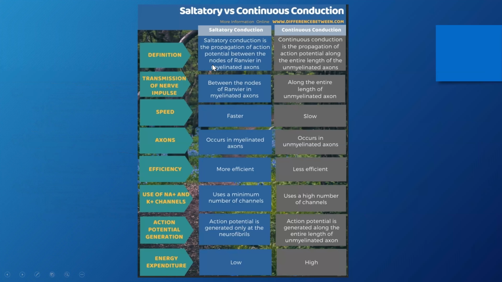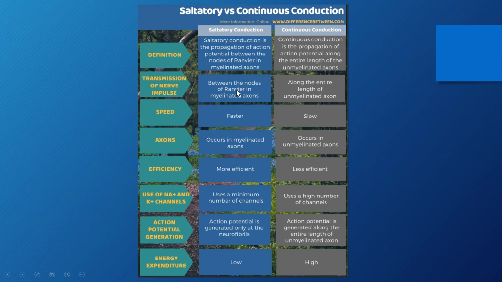So here you can see the difference between saltatory and continuous conduction. So saltatory conduction is propagation of action potential between the nodes of Ranvier in myelinated axons, and continuous conduction is propagation of action potential, that is this electrical impulse that we just mentioned, right, along the entire length of unmyelinated axons.